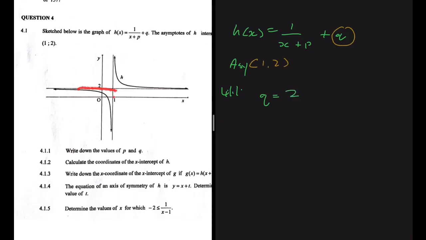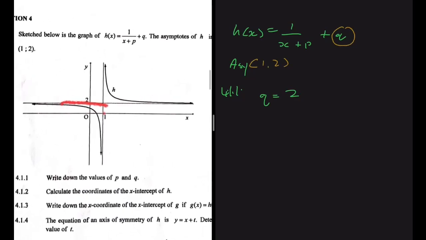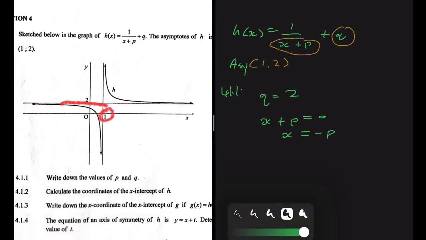And then now we're looking for p, right? So if you look at this equation of the hyperbola here, we have x plus p, right? So to find p, you say x plus p is equals to 0, right? So x is equals to minus p. But then from our graph, we have the value of x. X is 1, right? So now you can say that minus p is just equals to 1.